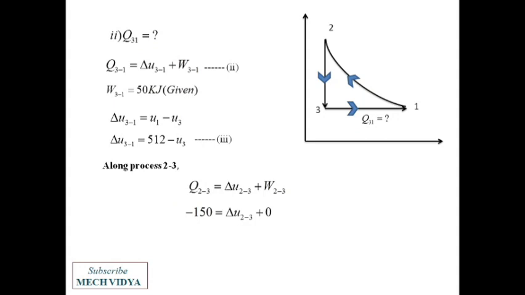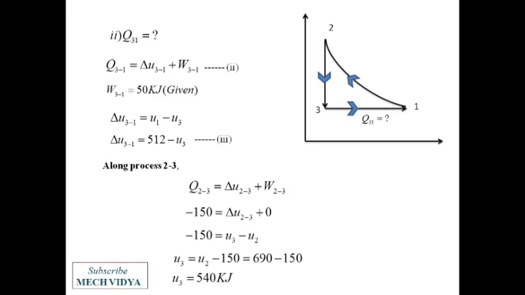Again, del U23 can be written as U3 minus U2, so U3 can be written as U2 minus 150. U2 is already given in the question, 690. So 690 minus 150 comes around 540 kilojoule. So I have got the value of U3.